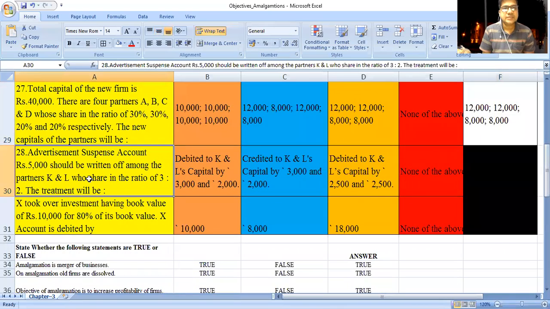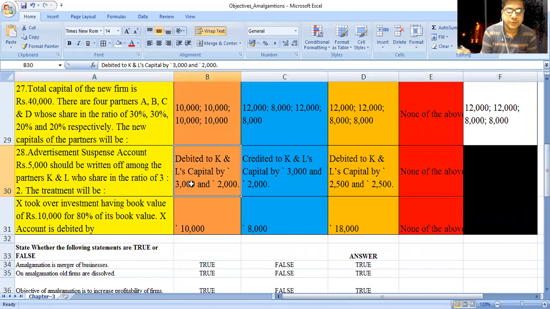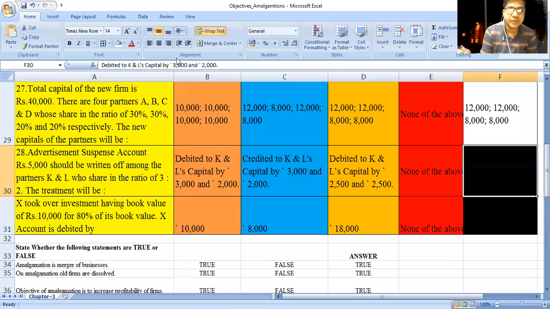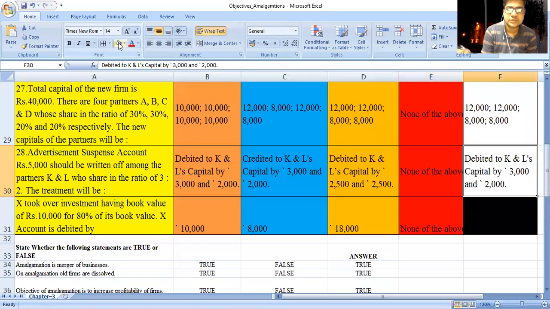Advertisement suspense account rupees 5,000 should be written off among the partners K and L, whose share is in the ratio of 3:2. What will be the treatment? What will be the answers that you have to find out? We have very limited time, so you have to discuss and study. If there is any problem, you can share it in your WhatsApp group also.